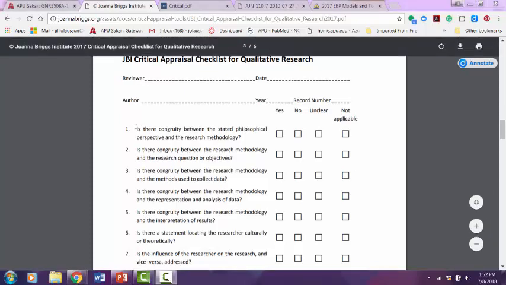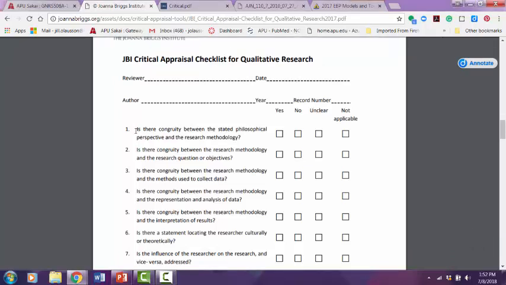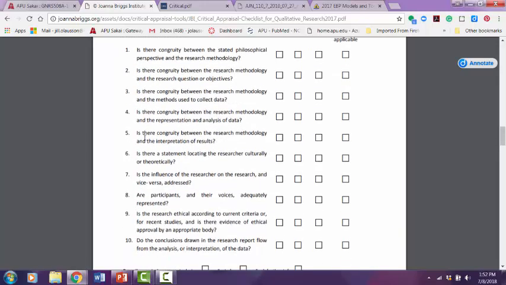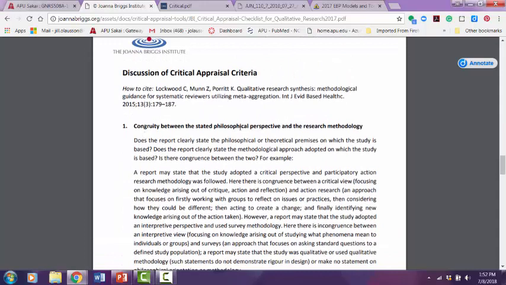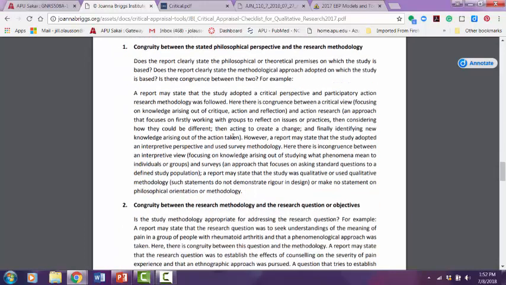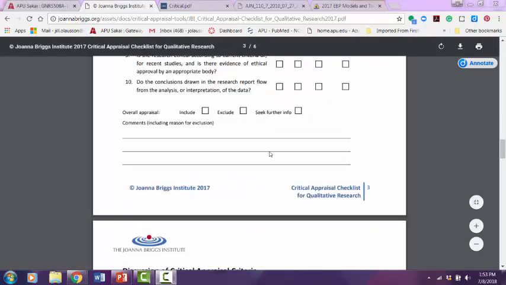And I also like that if you read through one of these questions and you say, what the heck does that mean? Is there congruity between the stated philosophical perspective and the research methodology? What? You can go right down to here, and it describes it a little bit more, so it doesn't leave you hanging, so you can really go in and read this part and then apply it and answer the question a little bit better.